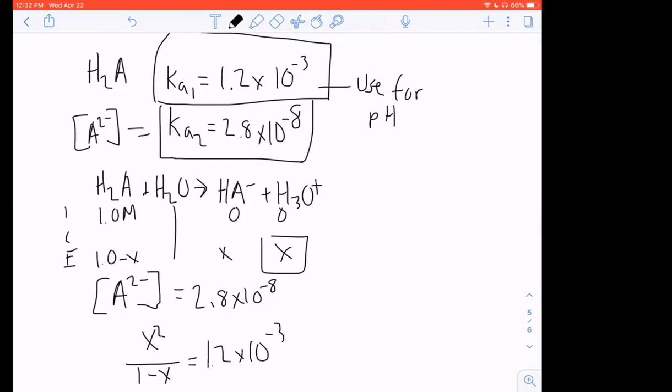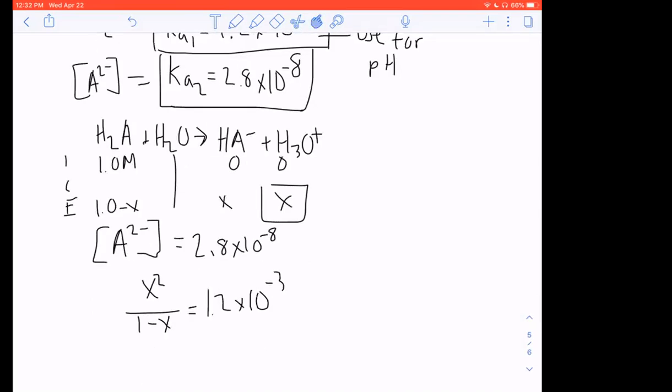You said 1.47? I got 1.5, but 1.47 is probably close enough. I just solved for this, as I said, by putting it in my calculator. I got 1.508, and 1.47 is probably just a rounding thing.